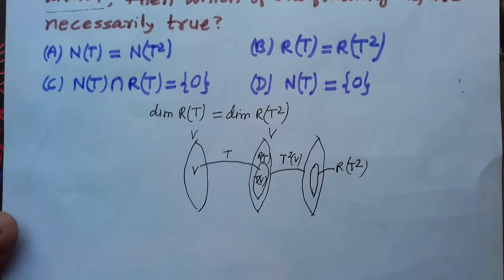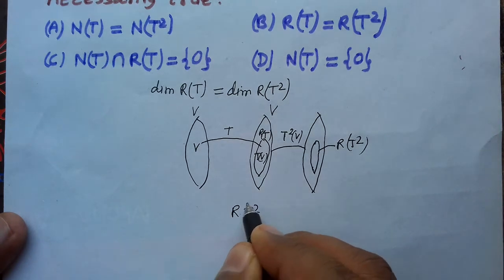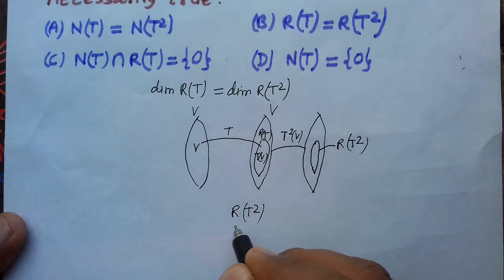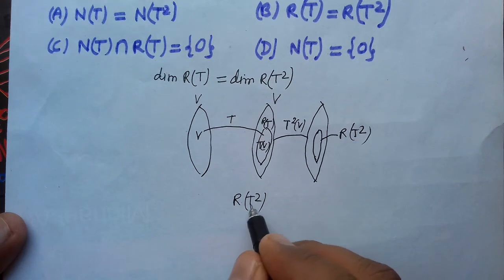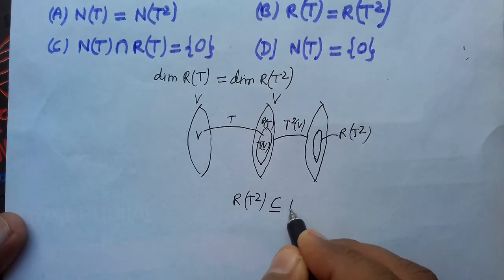So from here we have that RT squared, the range space of T squared, will be a subset of RT.